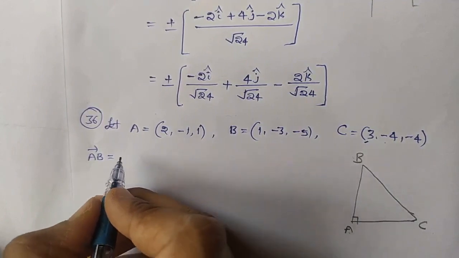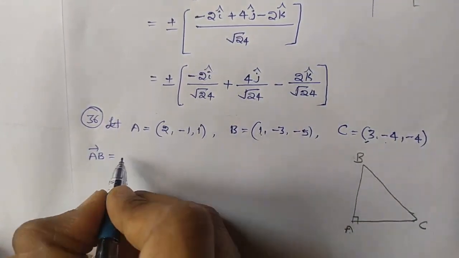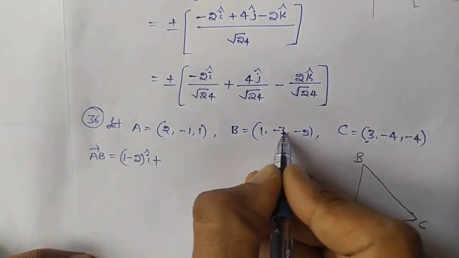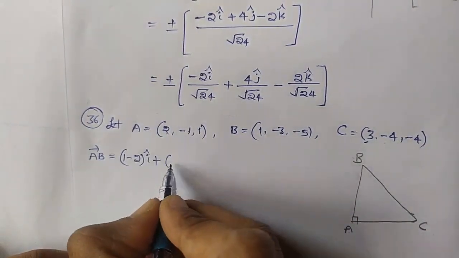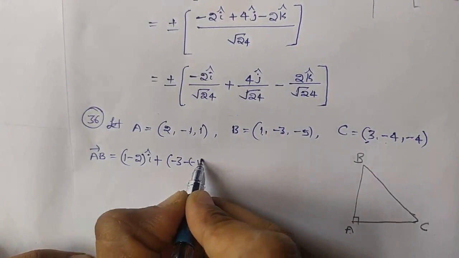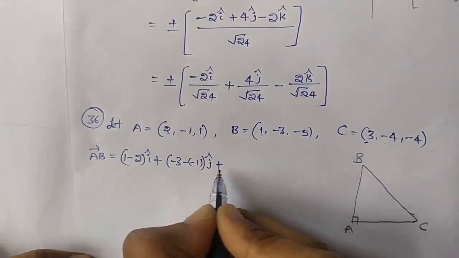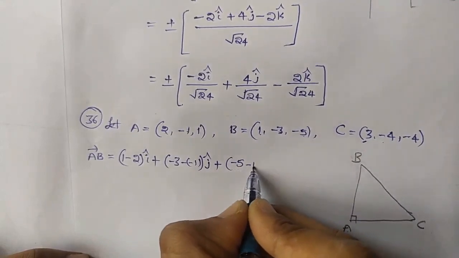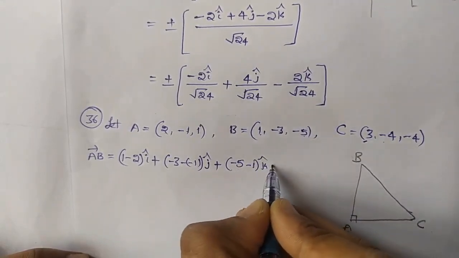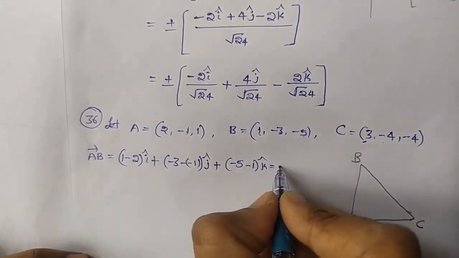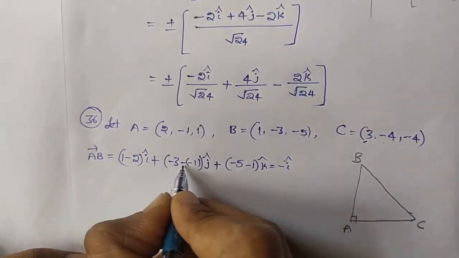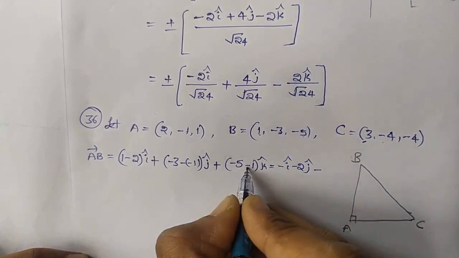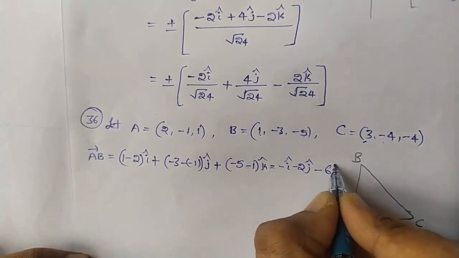For that we have the formula: 1 minus 2 into i plus minus 3 minus of minus 1 into j plus minus 5 minus 1 into k. So that is equal to 1 minus 2 is minus i, minus 3 plus 1 is minus 2j, minus 5 minus 1 is minus 6k.